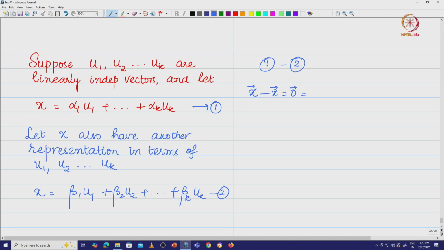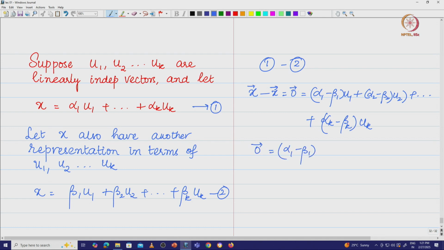The 0 vector gives me (alpha 1 minus beta 1) u1 plus (alpha 2 minus beta 2) u2 plus etcetera plus (alpha k minus beta k) uk.